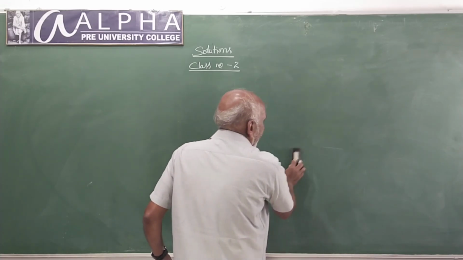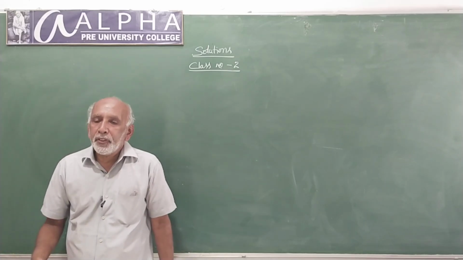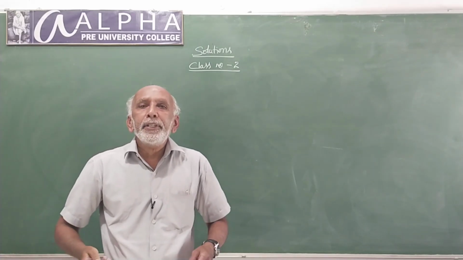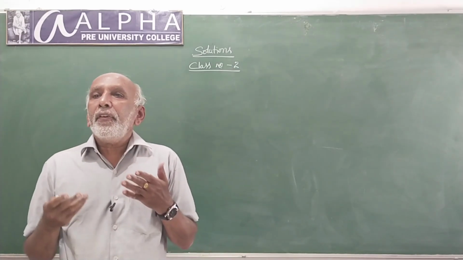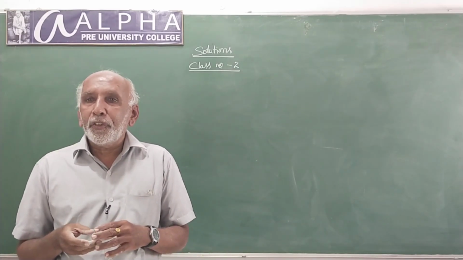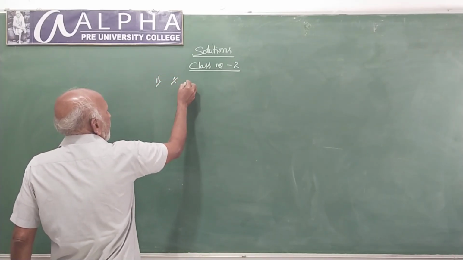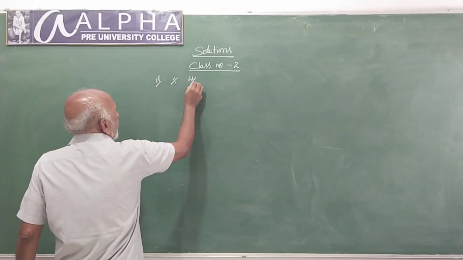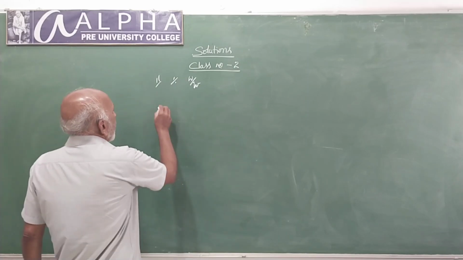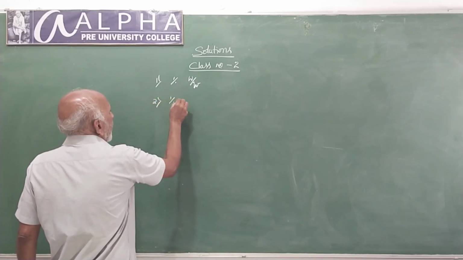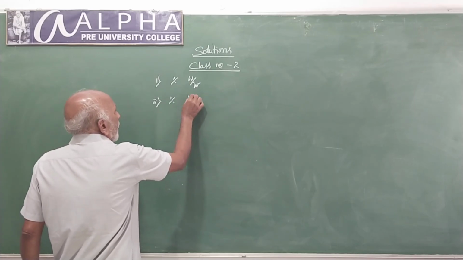Next is the effect of temperature on the concentration of solution. So you know different ways of expressing strength of solution. One is percentage mass by mass. Second one, percentage volume by volume.